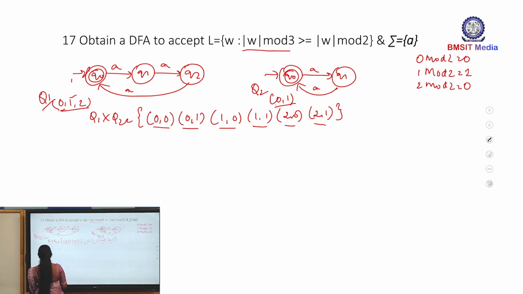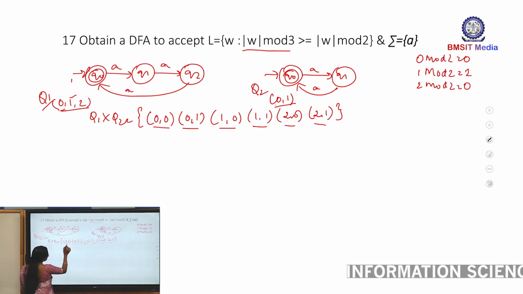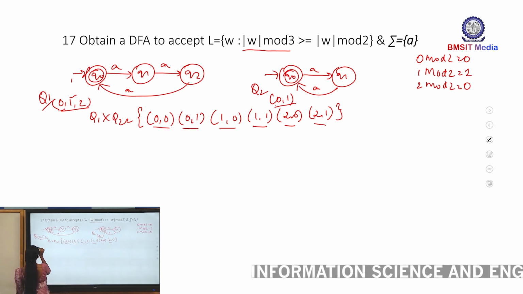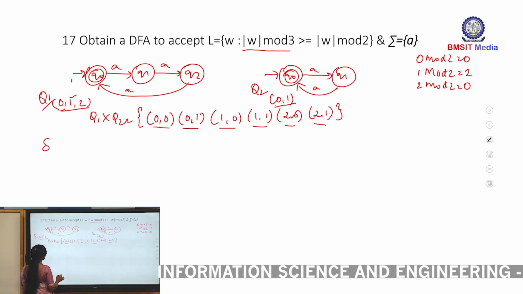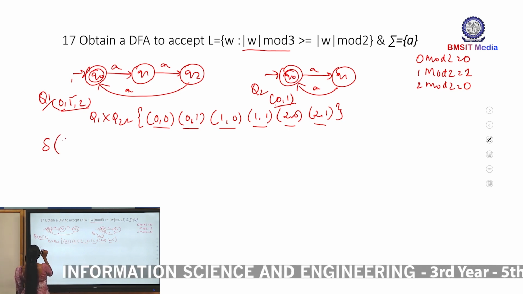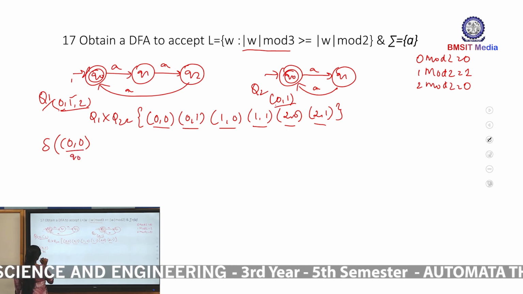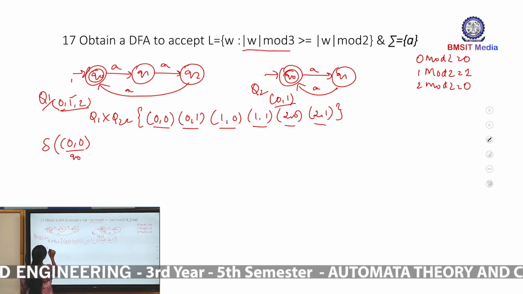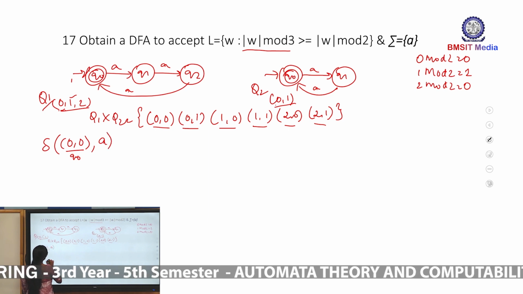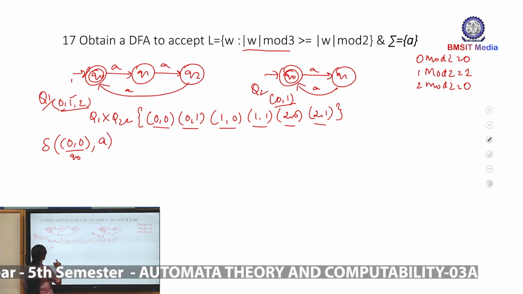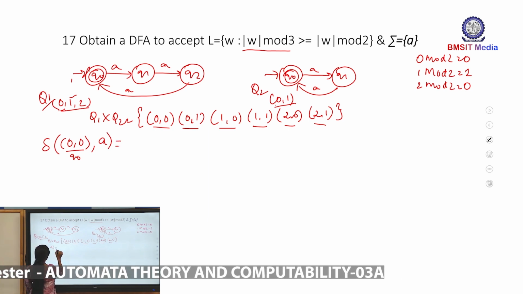To find the transitions, I know what the states are, so we'll start with delta. The initial state is Q0, which is (0, 0). On seeing A, because I have a single input symbol, which is A, what happens?